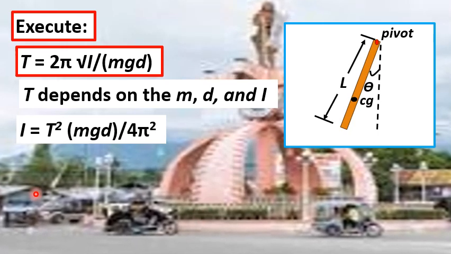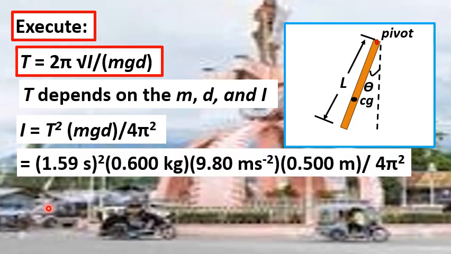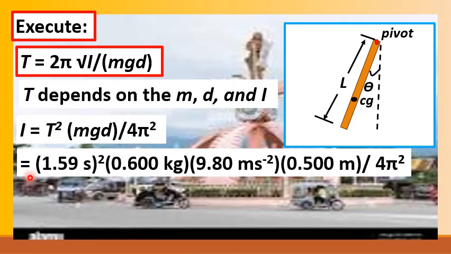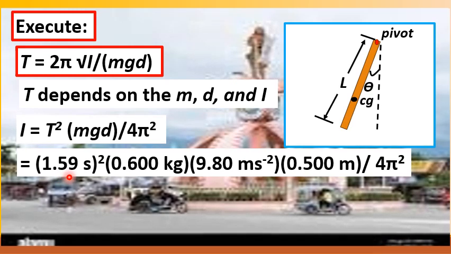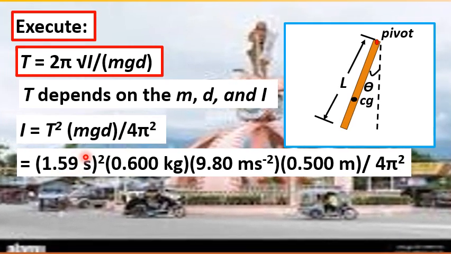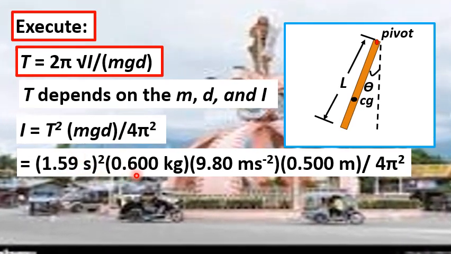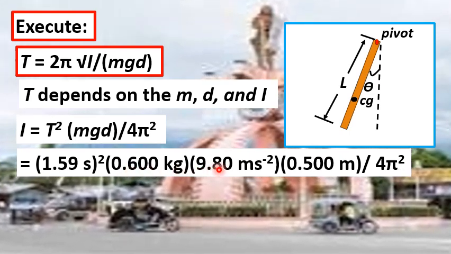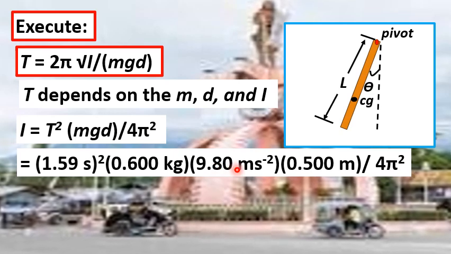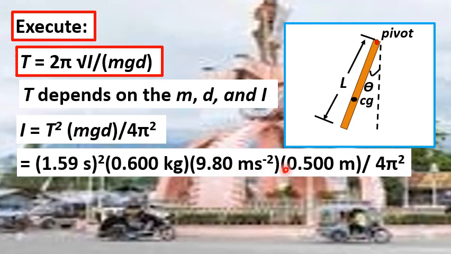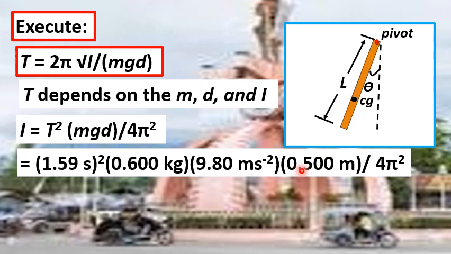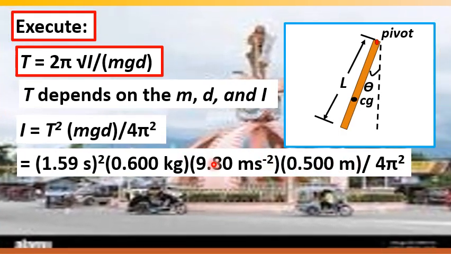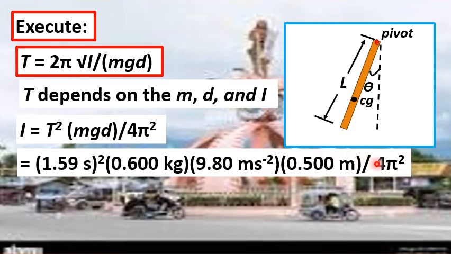That is, moment of inertia, capital I equals 1.59 seconds squared, times the mass 0.600 kilogram times acceleration due to gravity 9.80 meters per second squared, and the distance d 0.500 meters. And then we divide the product by 4 pi squared.